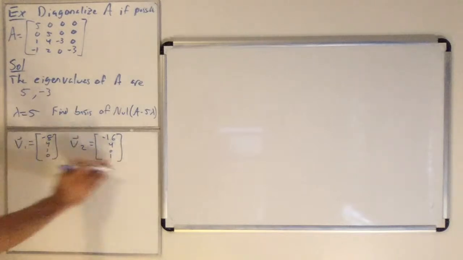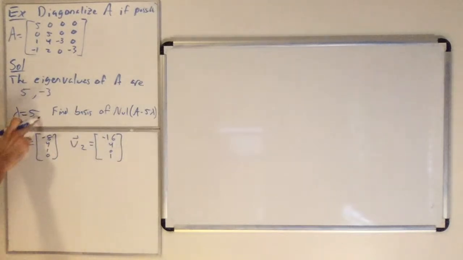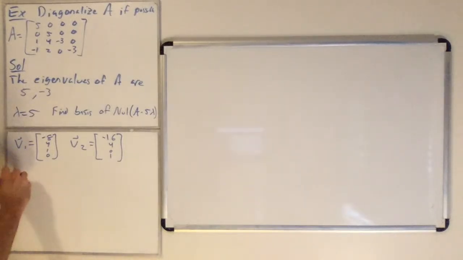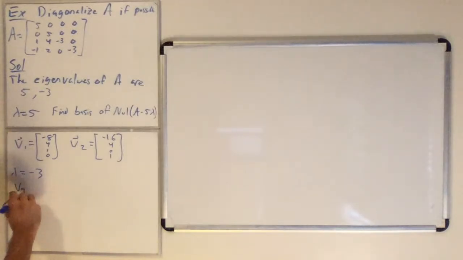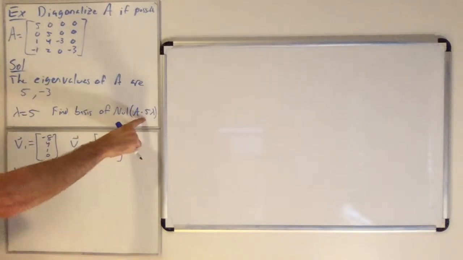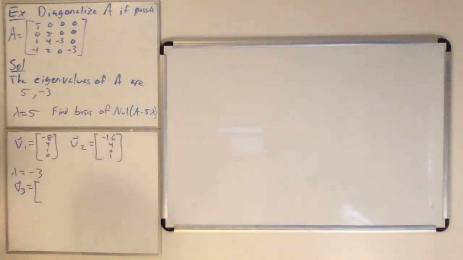So there's two basis elements here when lambda equals 5. We'll do the same thing when lambda equals -3, and we get the vectors v3 and v4. So again, you'd find the null space of A minus (-3) lambda and find a basis for it.